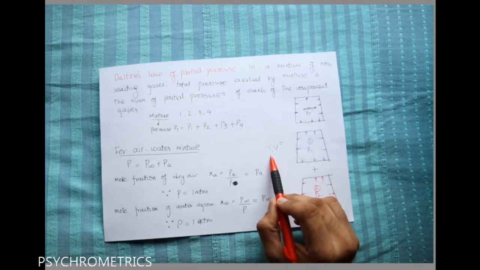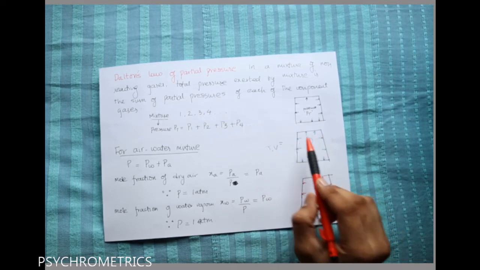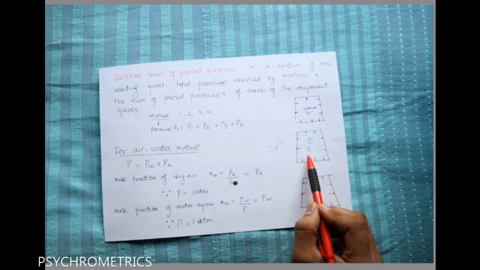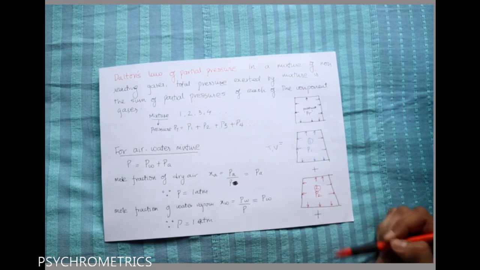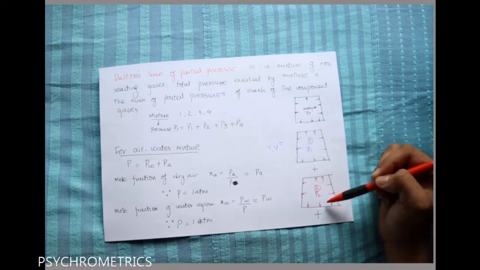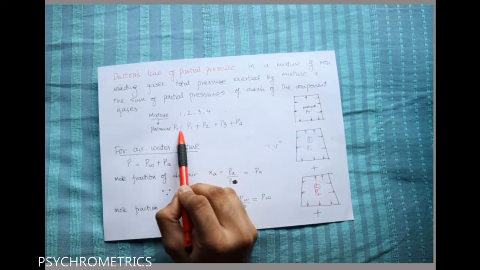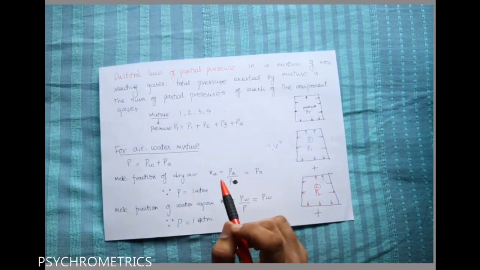When we have temperature constant and volume constant, the pressure exerted by component 1 is termed as its partial pressure. Similarly for component 2, 3, 4 and so on. And the sum of these partial pressures is equal to the total pressure exerted by the overall mixture.